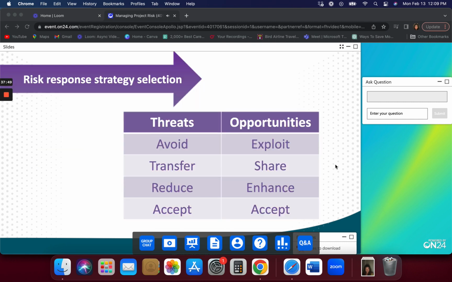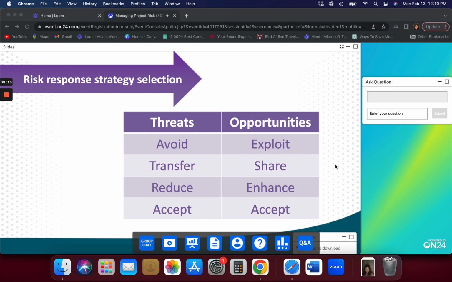So opportunities have equivalents. Just as we can avoid a threat, we can exploit an opportunity. What we're saying is that we make it happen. We take the uncertainty away and make it certain that we're going to get that opportunity. That's what exploit would mean in the context of opportunities.